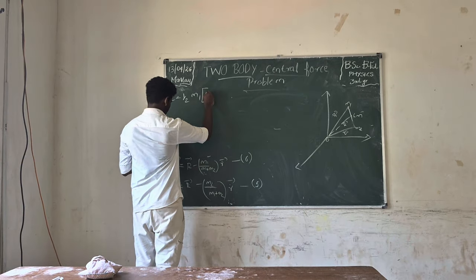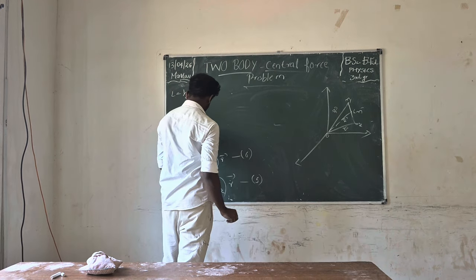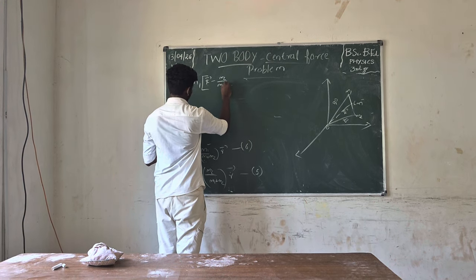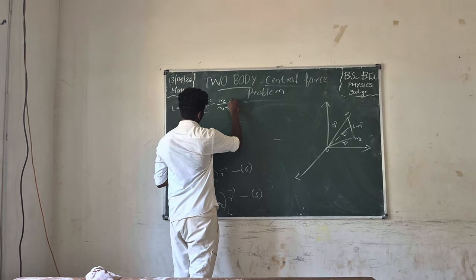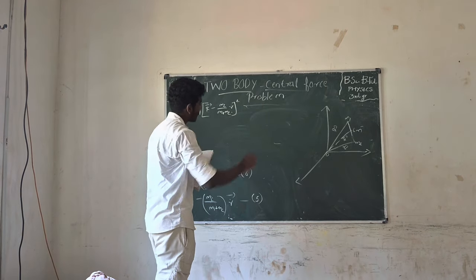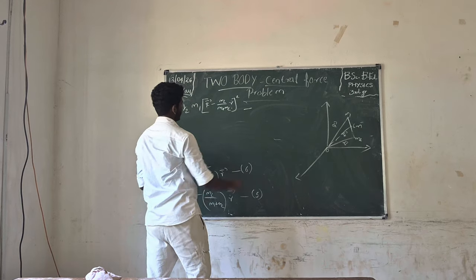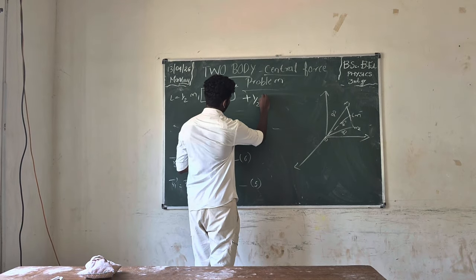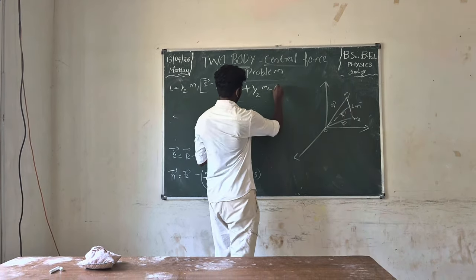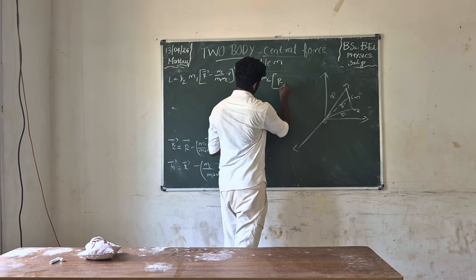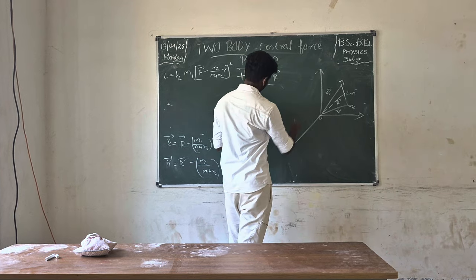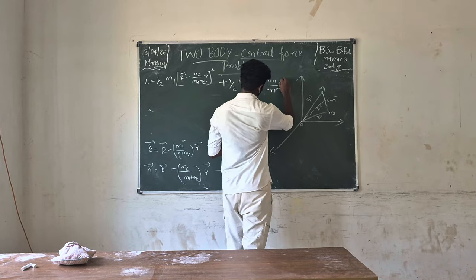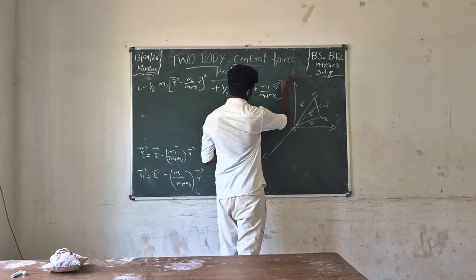It will become capital R dot minus m2 by m1 plus m2 into r dot, whole square, plus half m2 into capital R dot plus m1 divided by m1 plus m2 r dot, whole square.